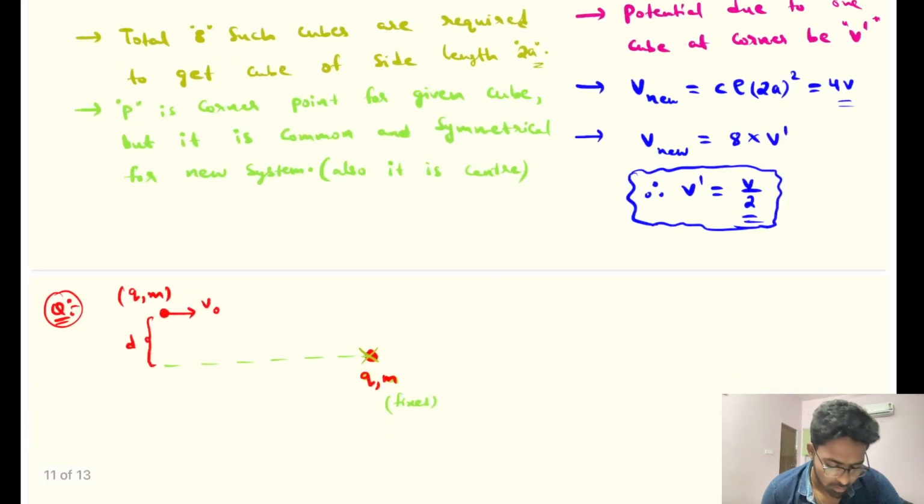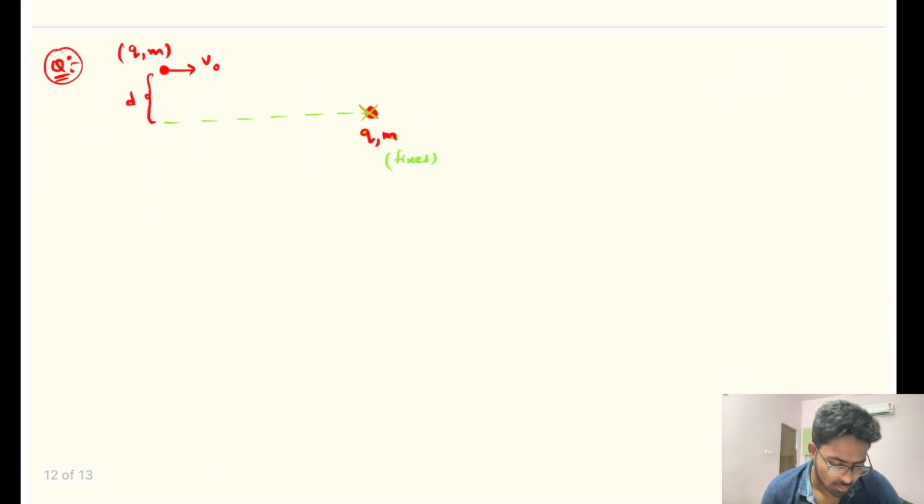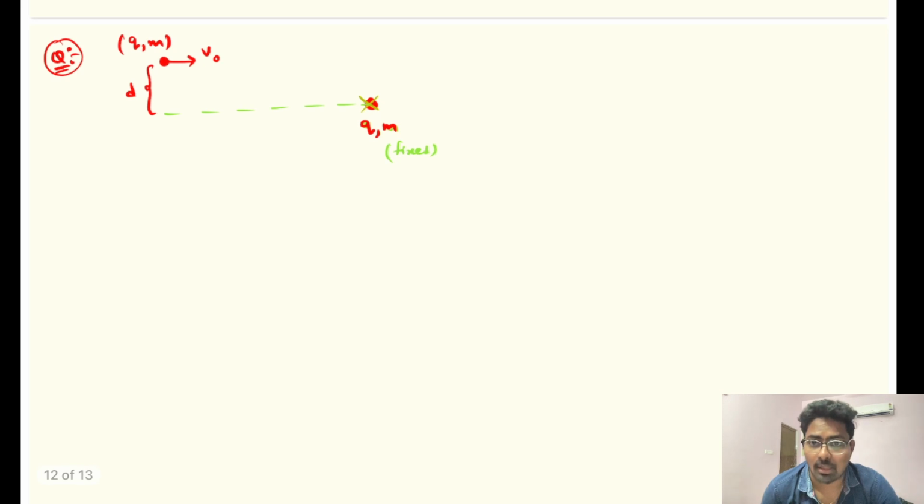Next, let us move on to a different model. Here they are telling that there are two charges. One charge is fixed, having charge q and mass m.